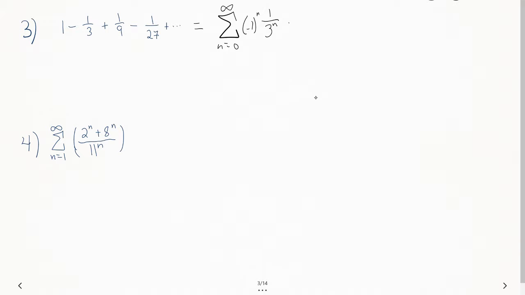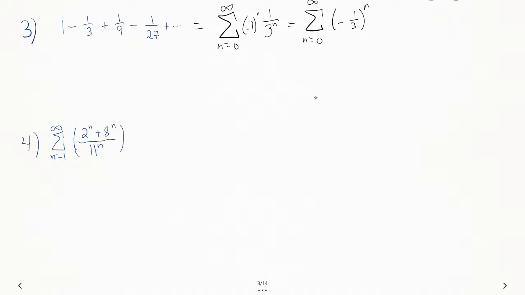So another way we can write this is the sum from n equals 0 to infinity. Notice the n powers are the same, so we can get away with writing this as negative 1/3 raised to the n. Same song and dance.